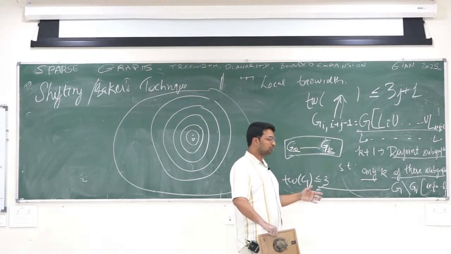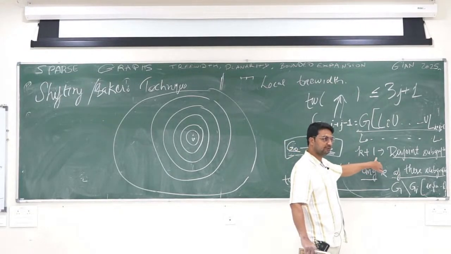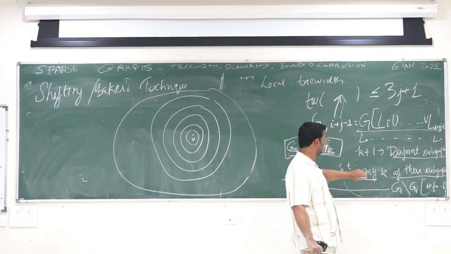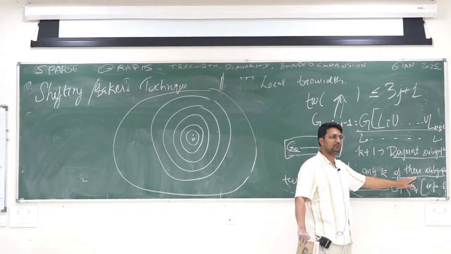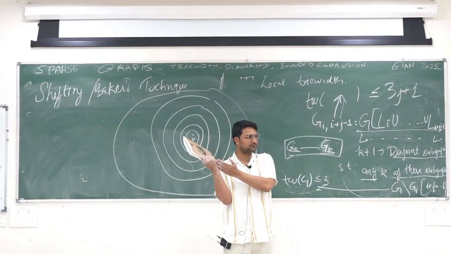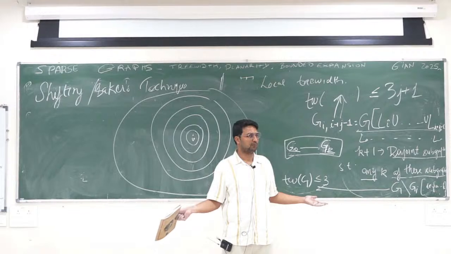What I want to do is partition my graph into k plus 1 vertex disjoint subgraphs, such that any k of these subgraphs have bounded treewidth. So if I take one of these subgraphs out of my graph, my whole graph has bounded treewidth, bounded by k.